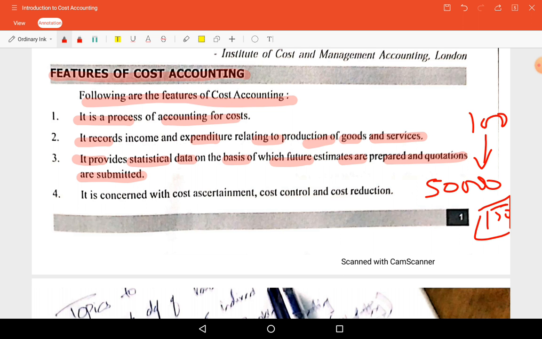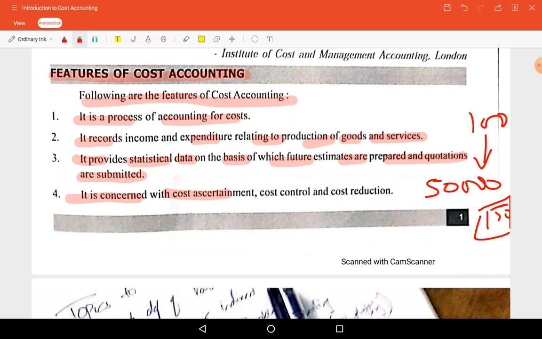This is very helpful for cost plus contracts and civil contracts and other things, and for job wise or order wise quotations. So management will use the cost information for decision making, whether to go for the project or not. That is what they are saying.